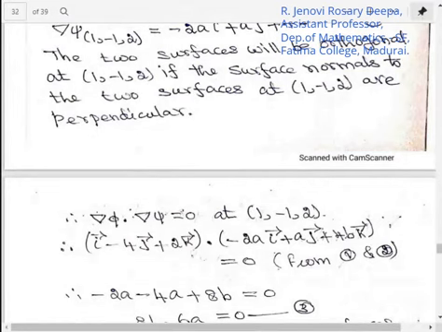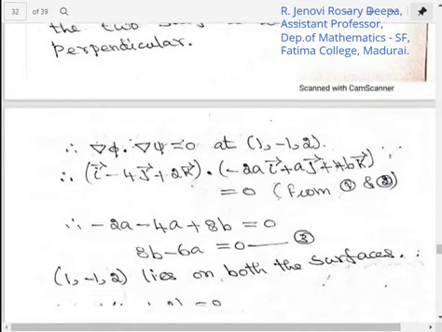The condition for perpendicular vectors is: suppose A and B are perpendicular vectors, then A dot B equals 0. So here grad phi and grad psi are perpendicular to each other. Therefore, del phi dot del psi equals 0 at the point (1, minus 1, 2).